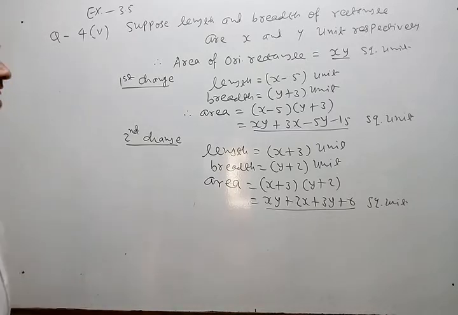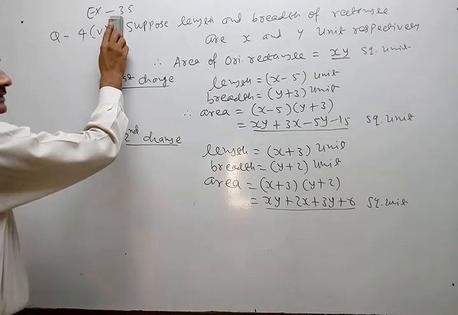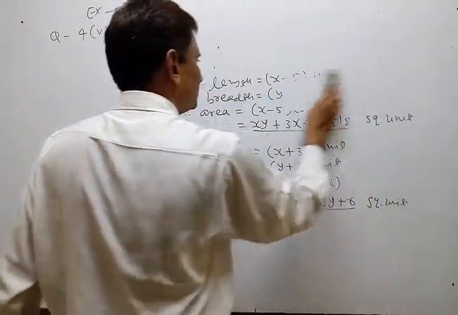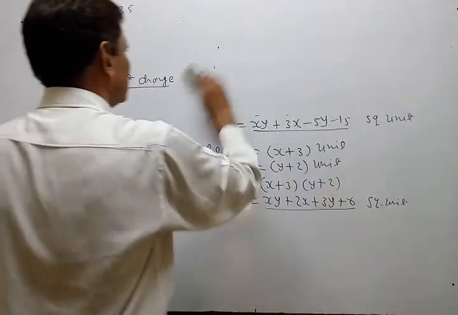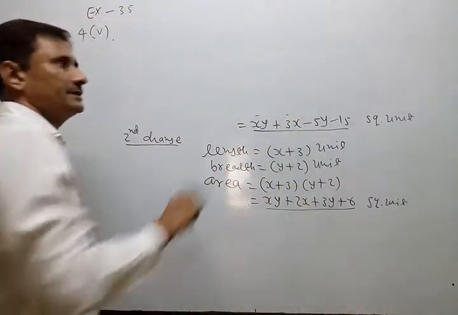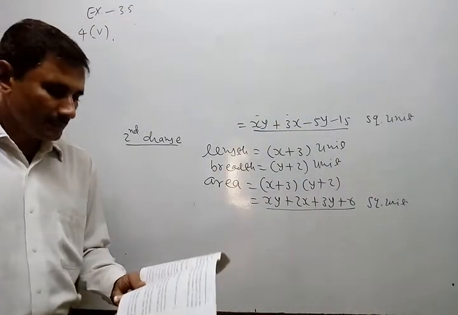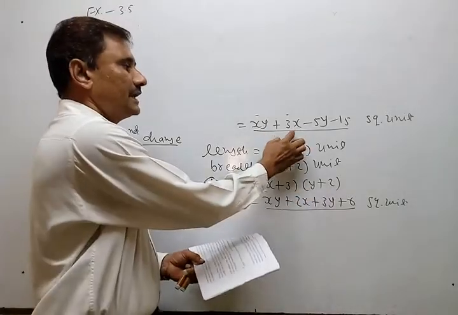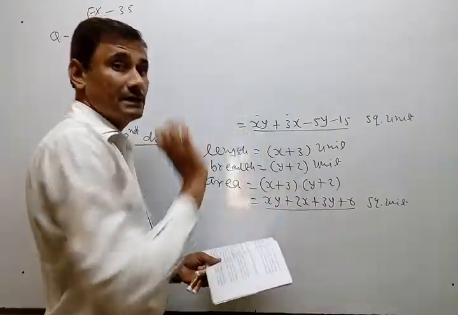Now read the first statement, whatever is given in the first statement. The first one was xy, I just wrote here. Now compare. If the area of the rectangle gets reduced by 9 square unit, so this is 9 square unit less than the original one.